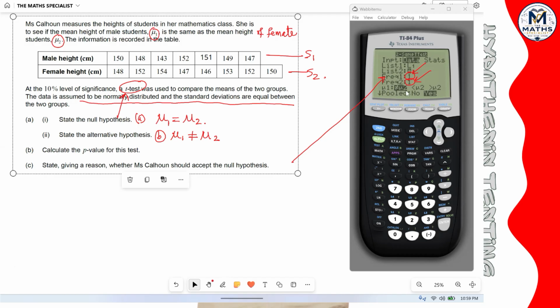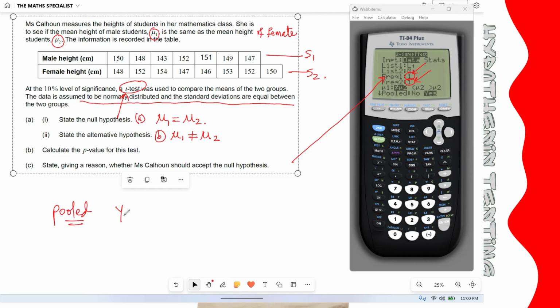And here there is something important: mu1 not equal to mu2, less than mu2, or greater than mu2. Here we are saying not equal to mu2. We put our alternative hypothesis. And here is the part where most of the students are confused: pooled.